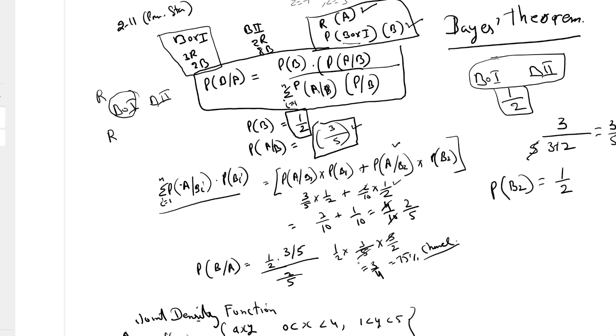And after calculating, it's coming out 3 by 4. That is 75% chance that the red ball is coming from box 1. So that would be the answer.